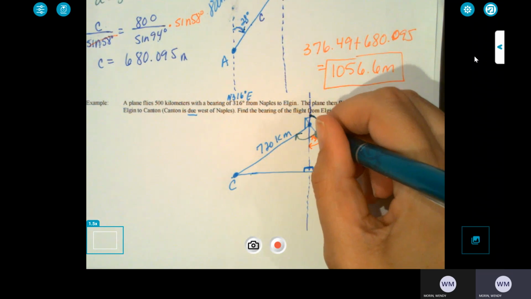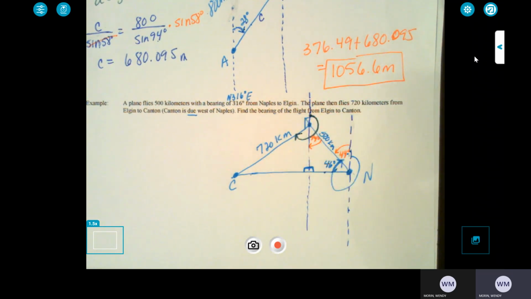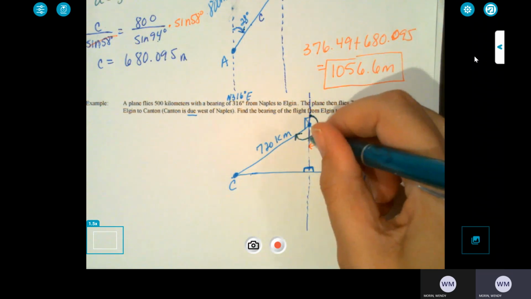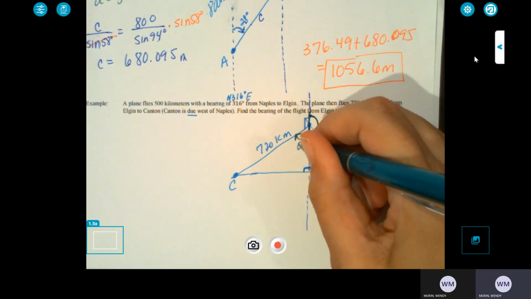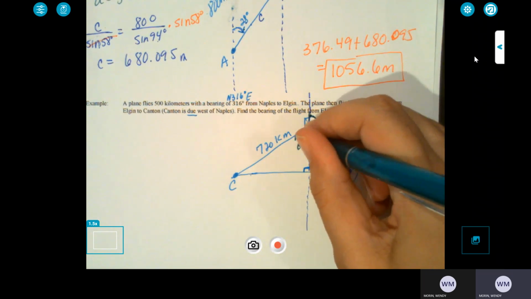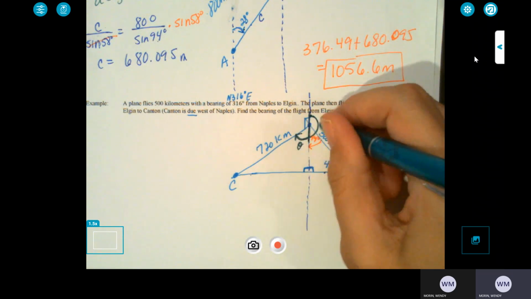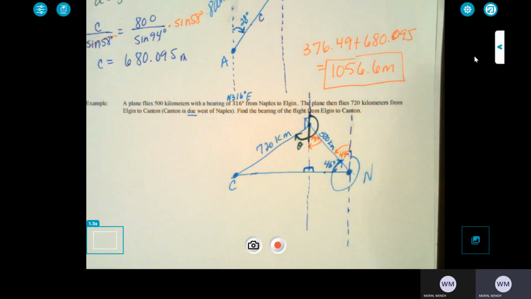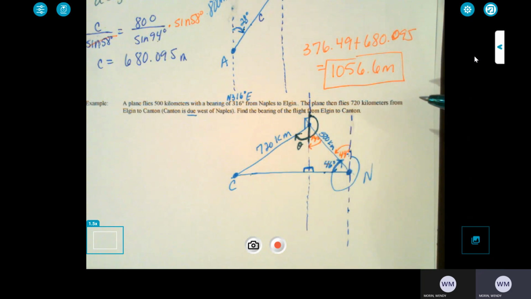How much do I rotate to get to here? Well, up to this point right here is 180 degrees, so I just need to find this theta right here. If I find this theta, I can add it to 180 and I've got my bearing. So, how can I find this angle?